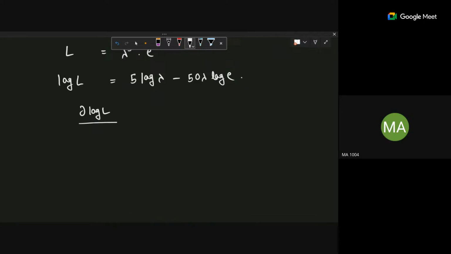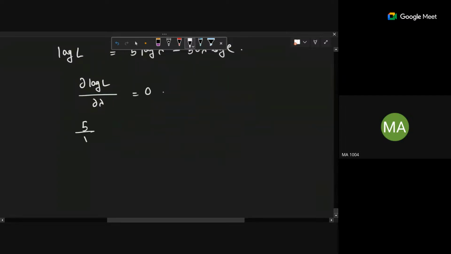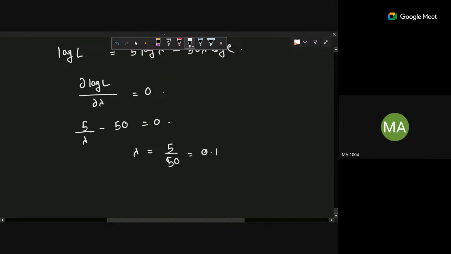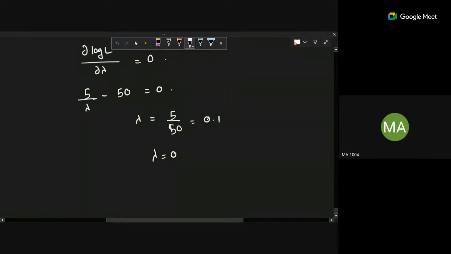So that will be 5 by lambda minus 50, equal to 0. So lambda is equal to 5 by 50, that is 1 by 10, 0.1. So the value of lambda is 0.1.